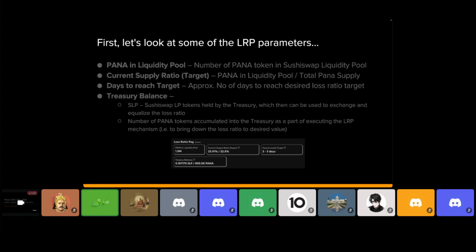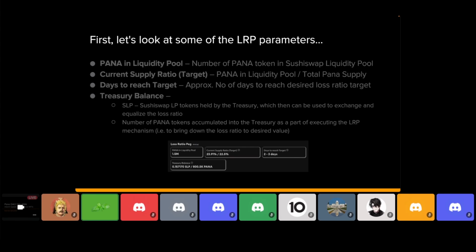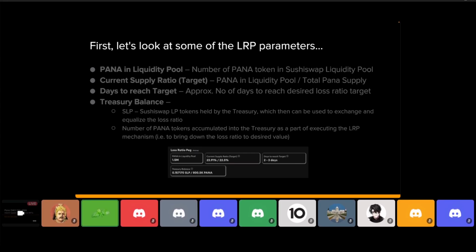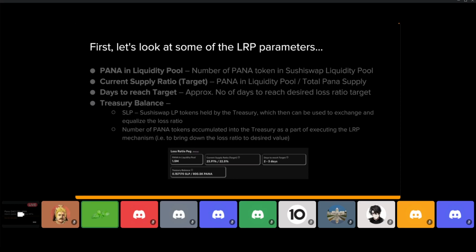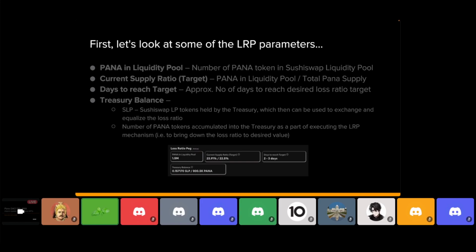Then the third parameter, days to reach that target, is the approximate number of days required to reach that target. Let's say the PANA in the liquidity pool is more than what we are targeting. Then we need to take the PANA out of the liquidity pool to maintain that loss ratio. To do so, our LRP smart contract will have to burn the SLP tokens and swap the PANA out of it so that it reaches the target.